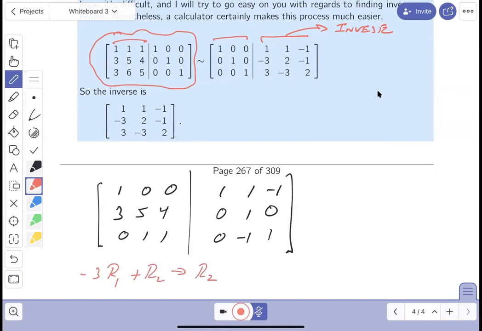Let me see what I get there. I would get 0, 5, 4, minus 3, minus 2, and 3. All right, get my eraser out.